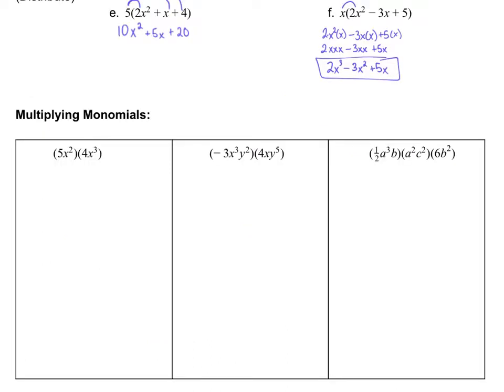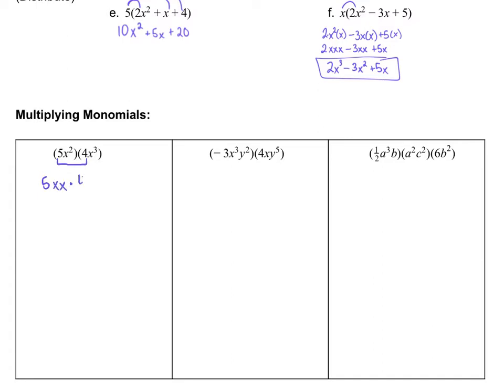All right, so now we're going to multiply multiple monomials together. So 5x squared times 4x cubed. Now, since everything's multiplying, I could rearrange it. Actually, let's expand it out. So 5x squared is 5 times x times x.